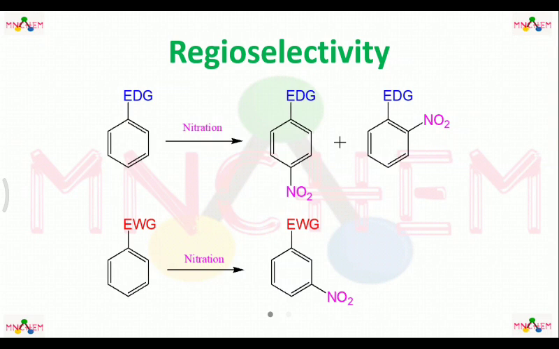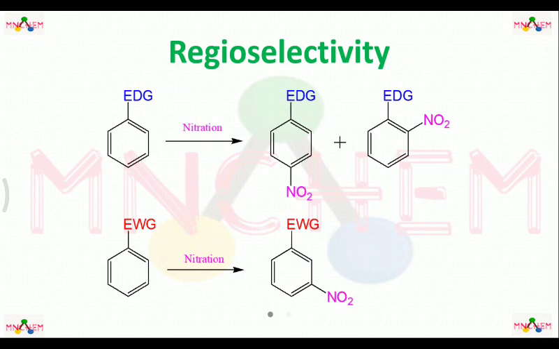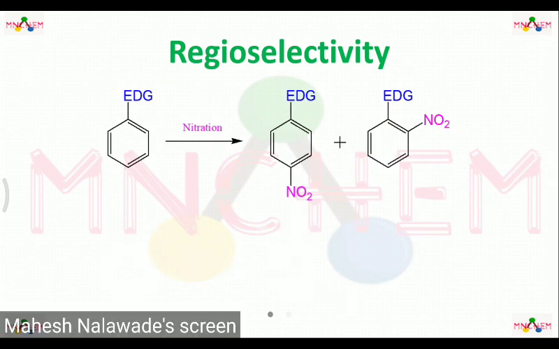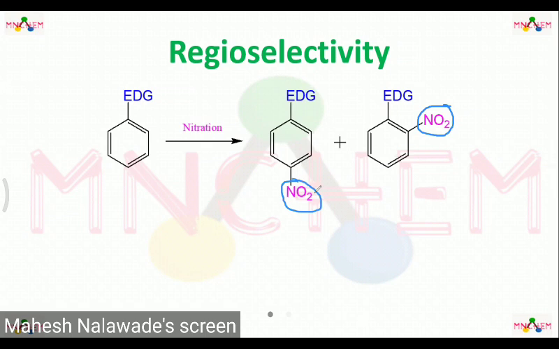So here we can see the sites of reaction, or the substitution, where the nitration takes place. In electron donating groups, the ortho and para positions are preferred. So this is the selectivity.